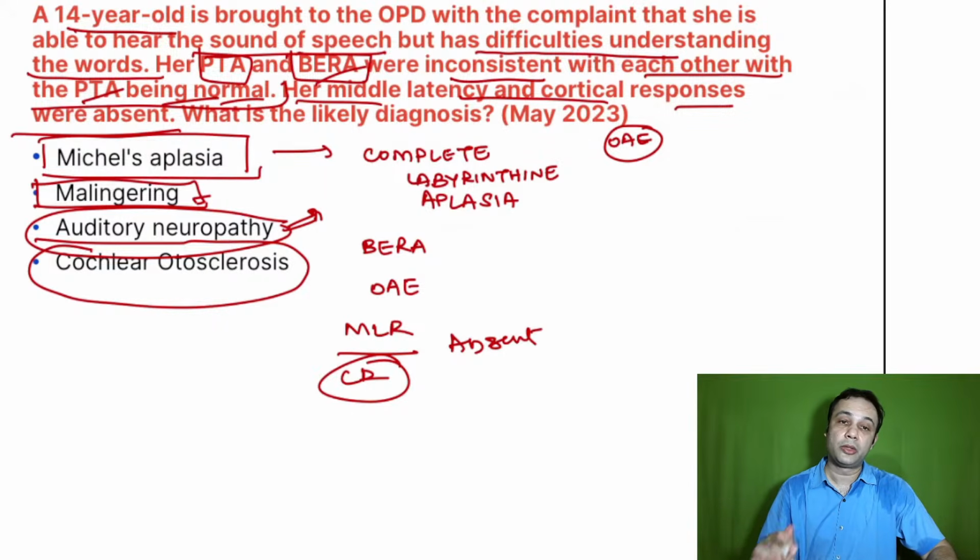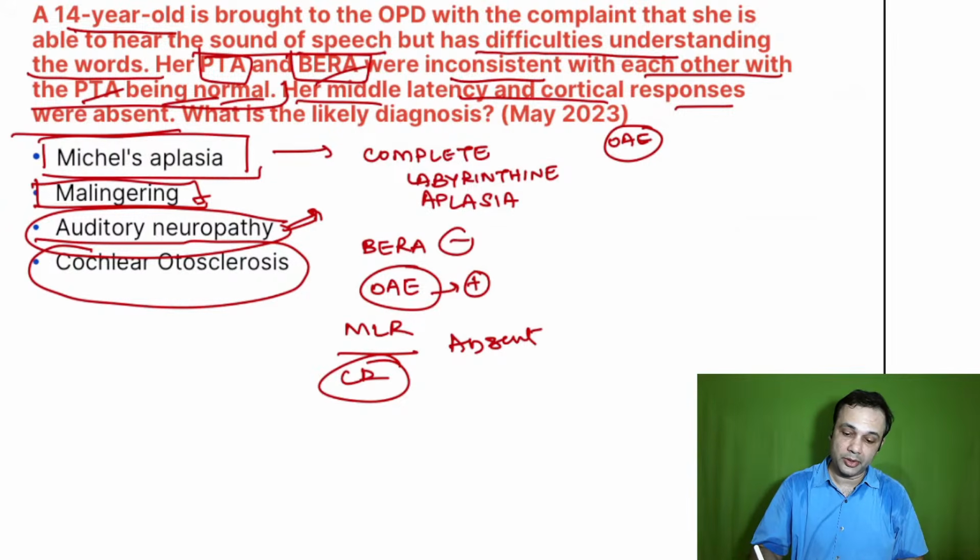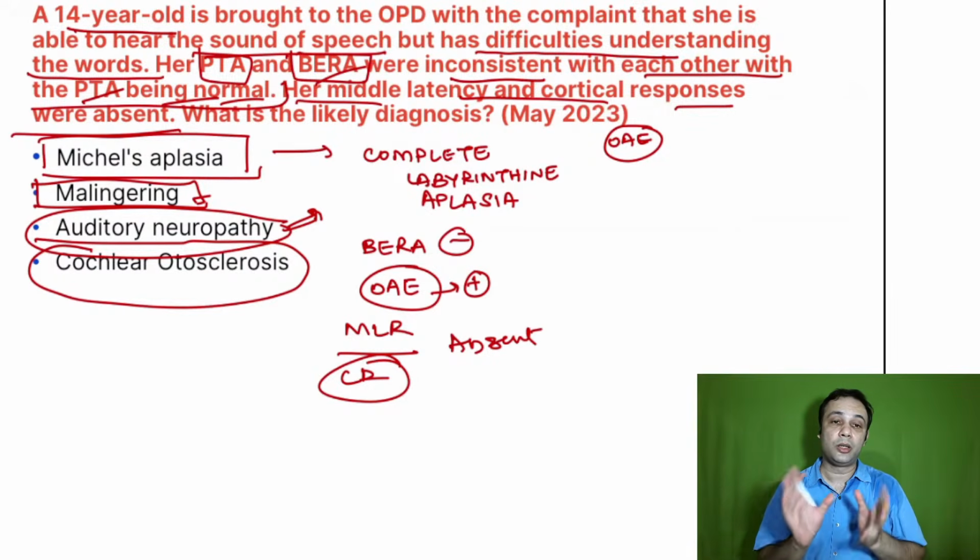What happens to otoacoustic emission in auditory neuropathy? The name itself says that there is some abnormality in the auditory nerve, right? The auditory nerve comes after the outer hair cells. So outer hair cells are normal, and otoacoustic emission will be present. The auditory nerve is affected, so BERA will be absent. This is how you can diagnose an auditory neuropathy.